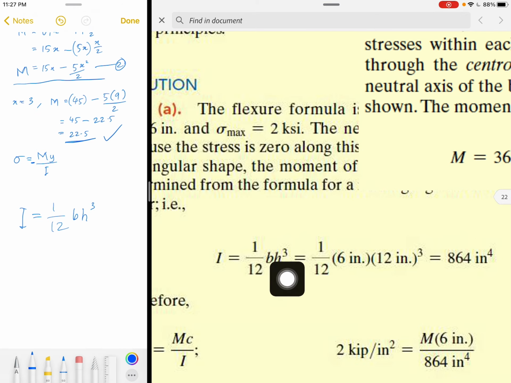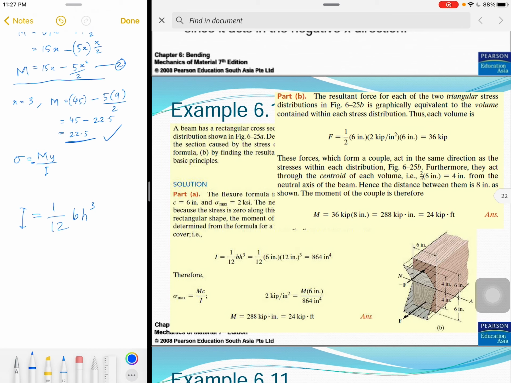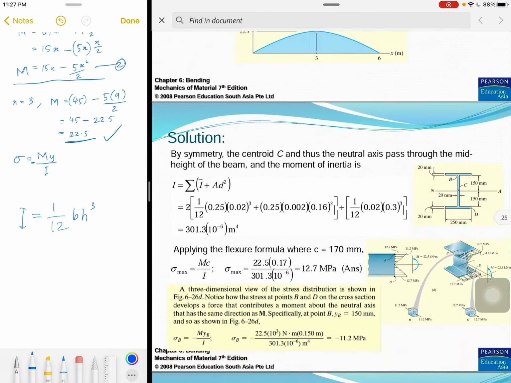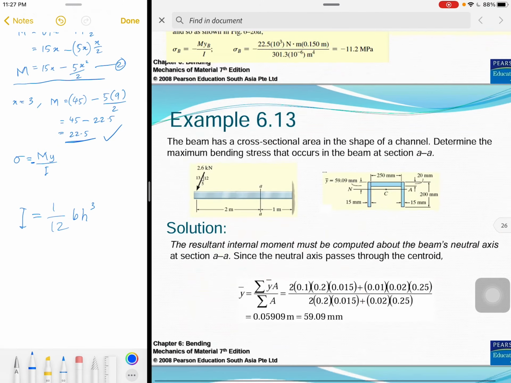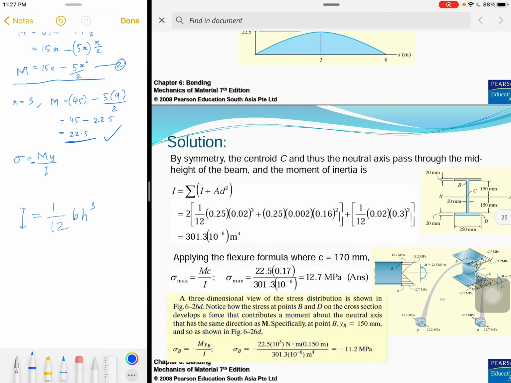So you need to understand the difference between B and H. H is the length which is perpendicular to the neutral axis, and B is the length parallel to the neutral axis. Okay. Wait. So we are right here.